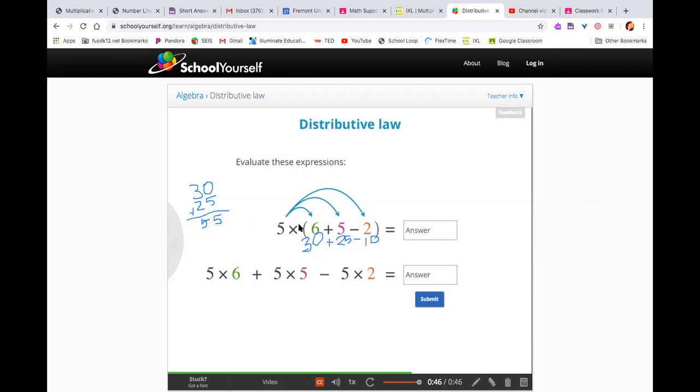And now I have 55, but I have to minus 10. So 5 minus 0 is 5. And 5 minus 1 is 4. So we get 45 for our final answer on the top.